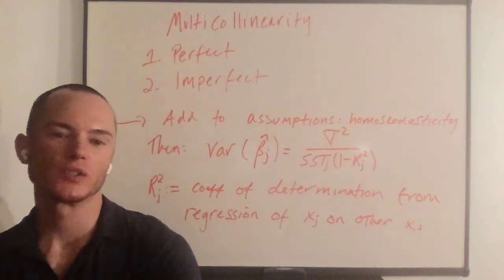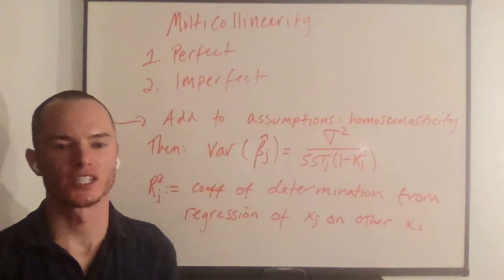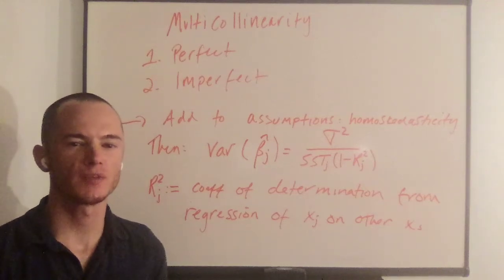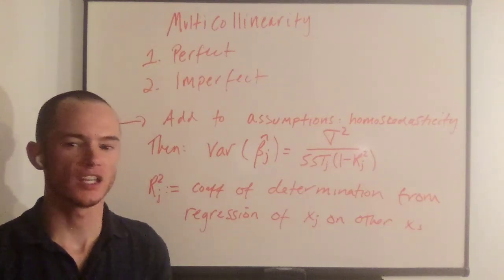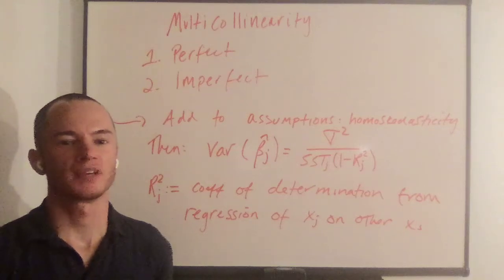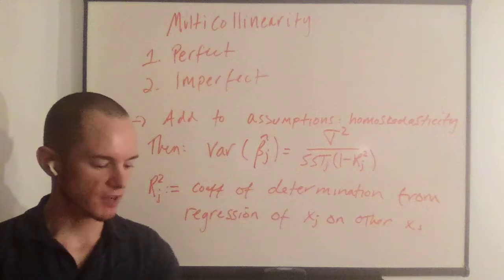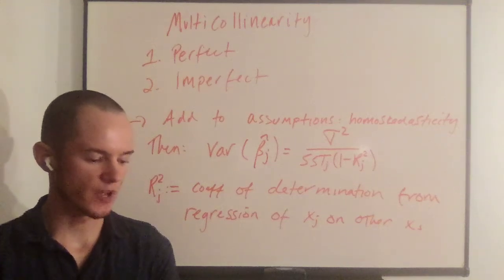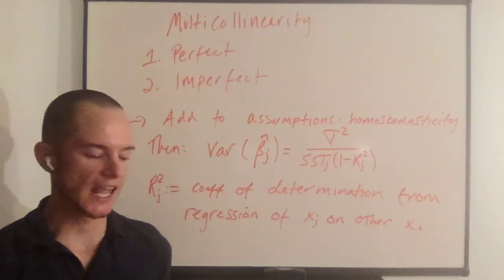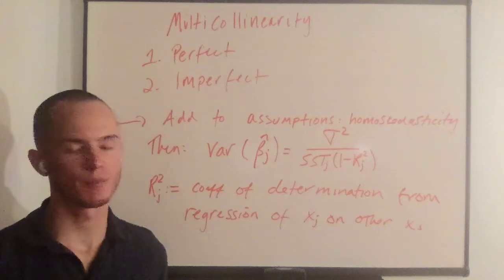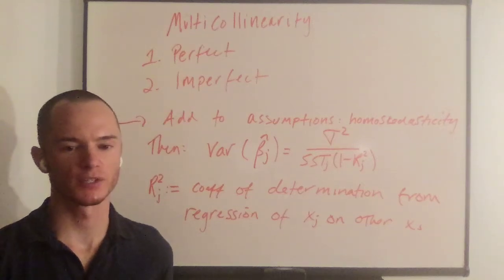In this video, we're going to discuss multicollinearity. There are two types. The first type is perfect, which is a big problem, but easy to fix. The second type is imperfect. Perfect multicollinearity arises when there is a perfect linear relationship among the independent variables.